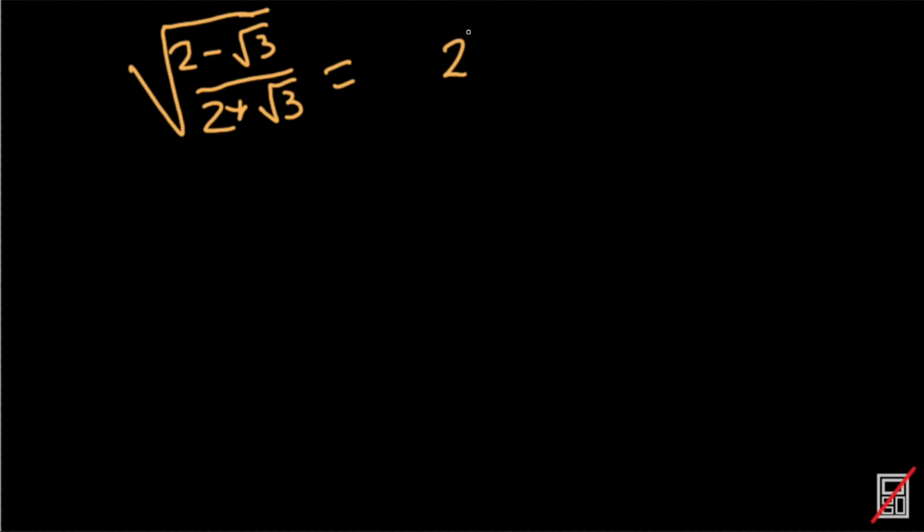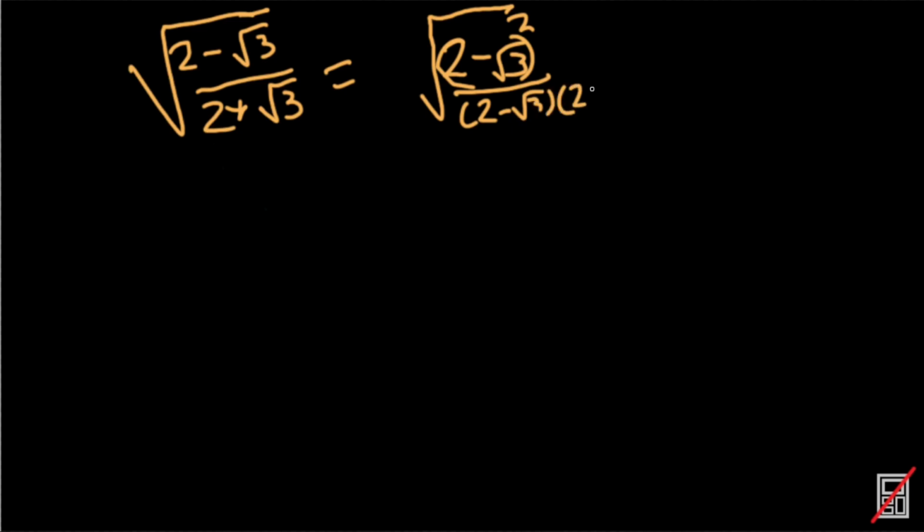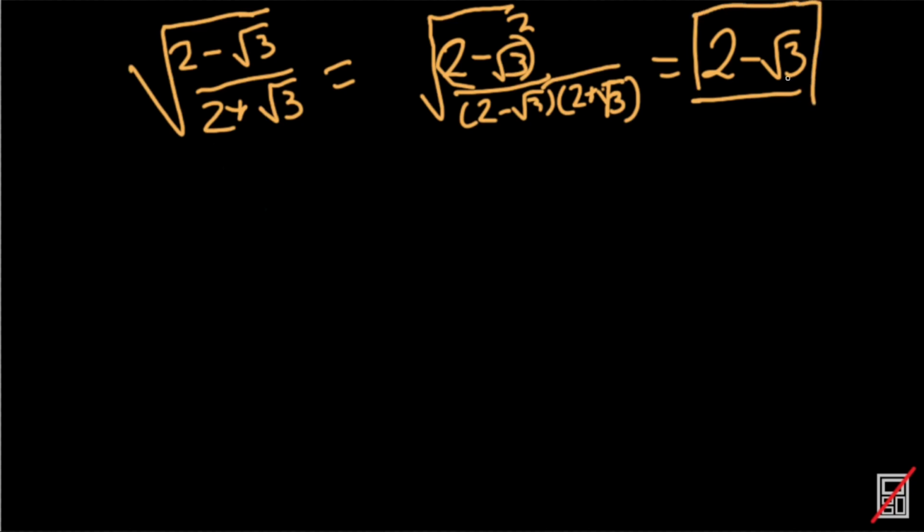Actually, by multiplying the top and bottom by 2 minus root 3, we get 2 minus root 3 squared over 2 minus root 3 times 2 plus root 3. Which gives us 2 minus root 3. This is the difference of squares. 2 squared minus root 3 squared is 4 minus 3, which gives us 1. So the area of that is 2 minus root 3.